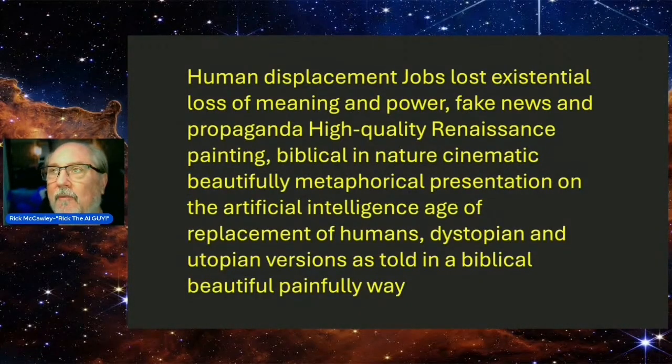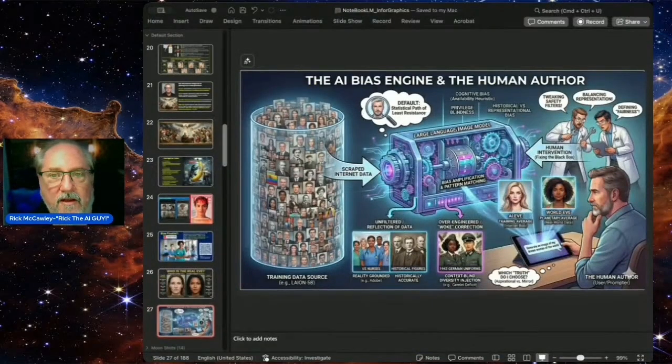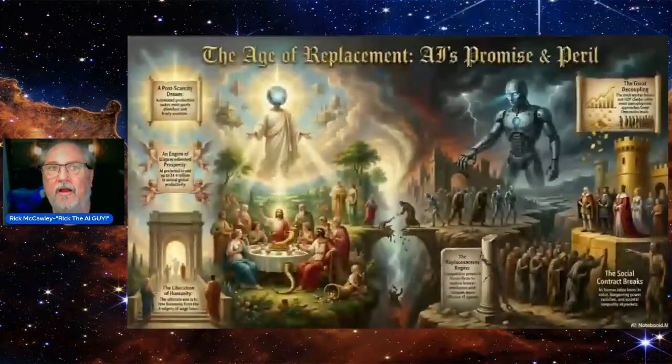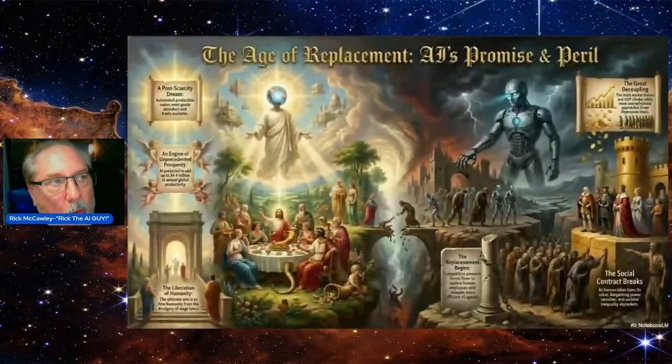Human displacement, jobs, existential loss of meaning and power, fake news, propaganda, high quality Renaissance painting, biblical nature, in nature, cinematic, beautifully metaphorical presentation, artificial intelligence, the age. Wow, wow, wow.